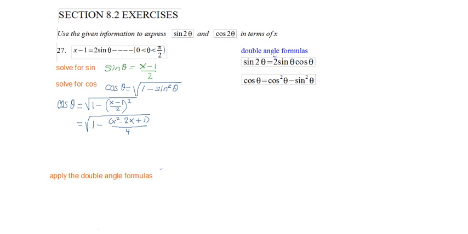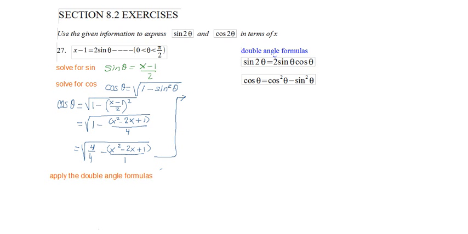So this is like having 4 over 4 minus the root of x squared minus 2x plus 1 divided by 4. So I'm going to continue right over here.